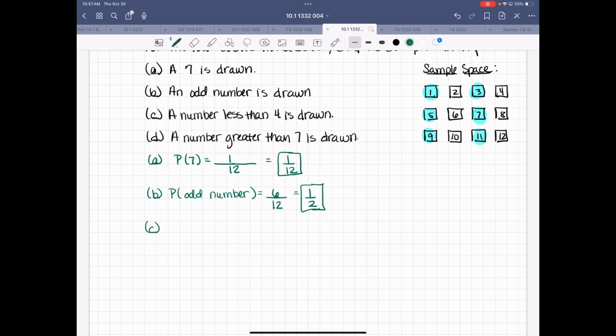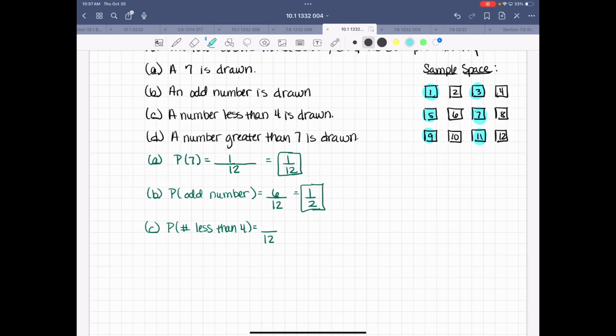C, a number less than 4 is drawn. So the probability that we have a number less than 4. Once again, the denominator is going to be 12, right? It's the possible outcomes.